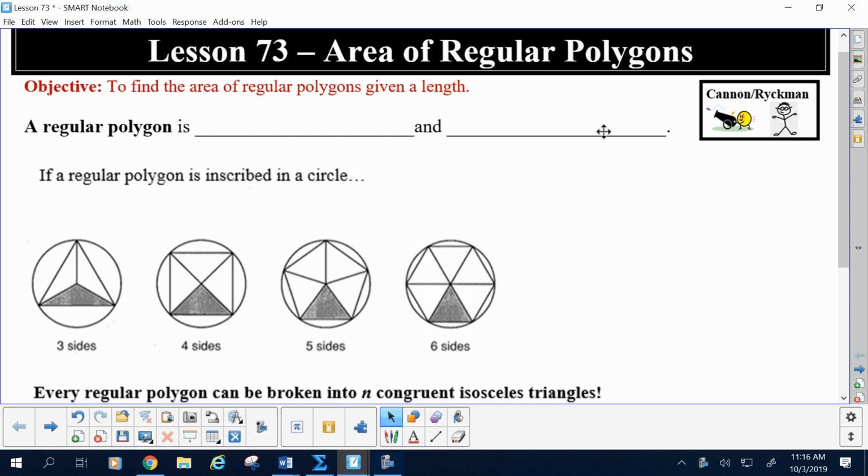All right. So, polygons. A regular polygon is, what does that mean? What do you think a regular polygon is?